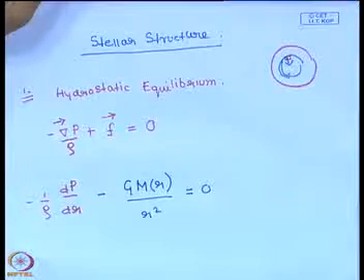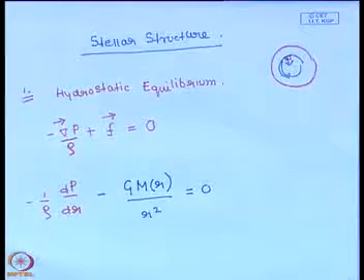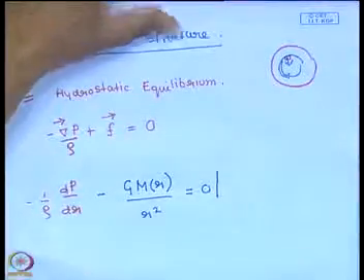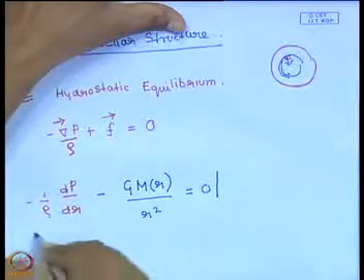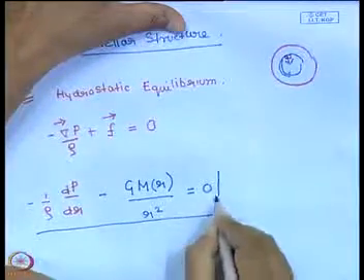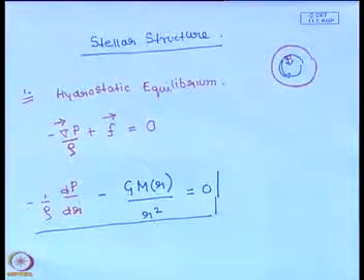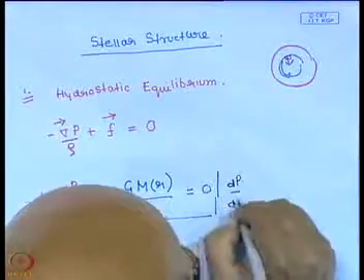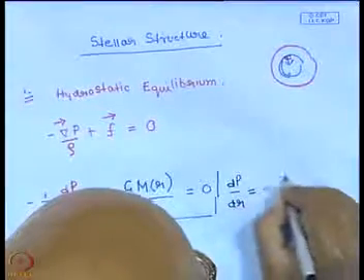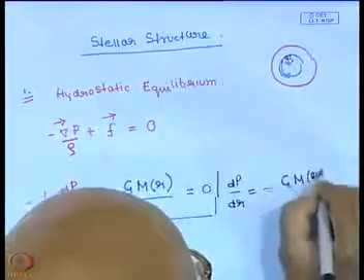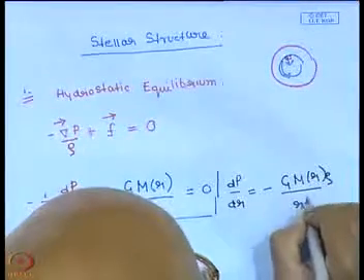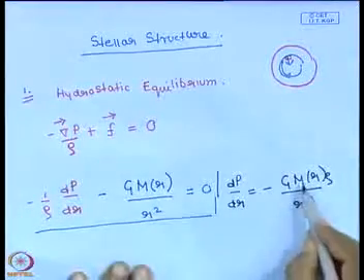So, we finally have the first equation, which I will write in a slightly different way. The final equation, the equation of hydrostatic equilibrium, is dP by dr equals minus G m(r) rho by r square. Let me tell you that m(r) is the mass within.